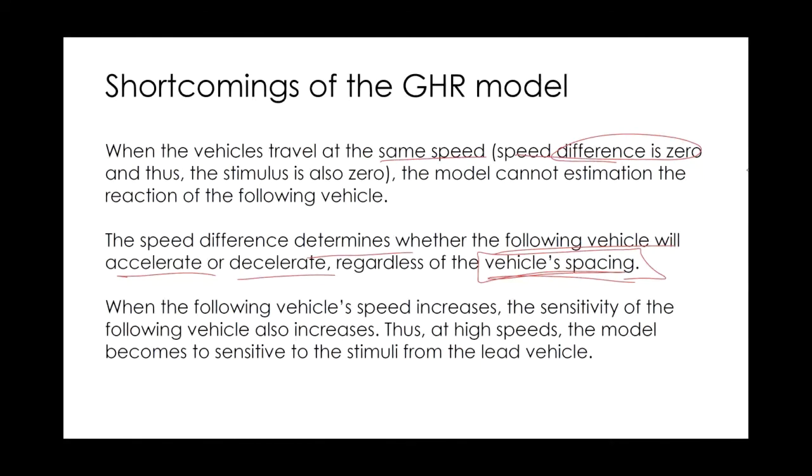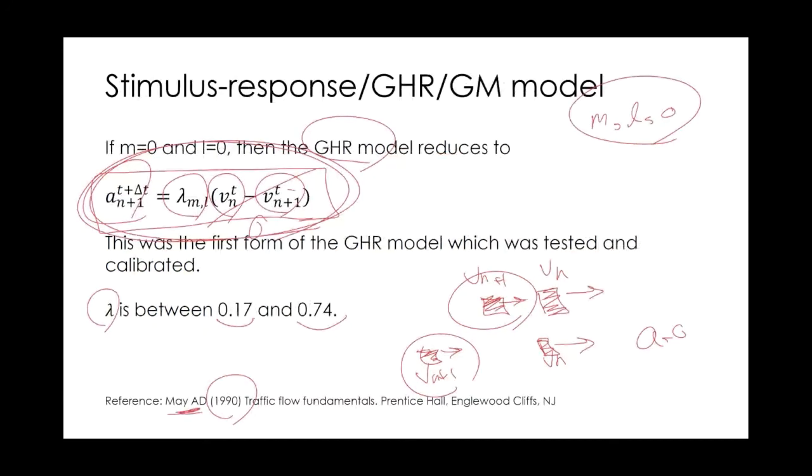Also, when the following vehicle's speed increases, the sensitivity of the following vehicle also increases. Thus, at high speeds, the model becomes too sensitive to the stimuli from the lead vehicle. So in this case, if the speed of the lead vehicle is high, the acceleration keeps increasing, right?